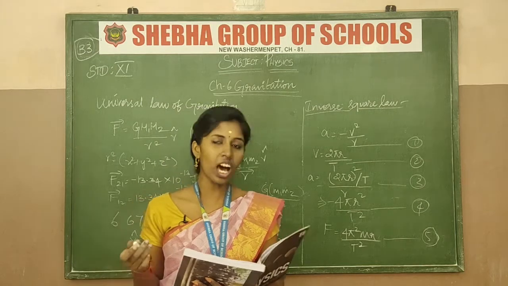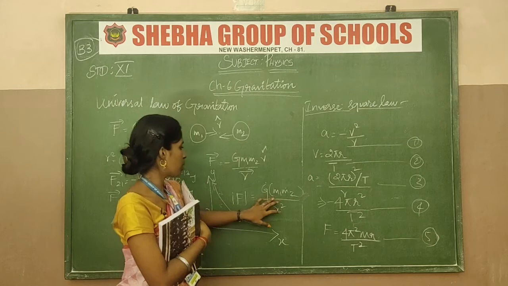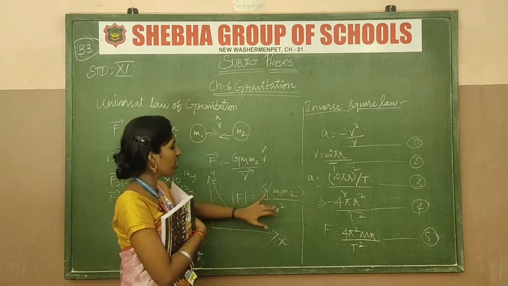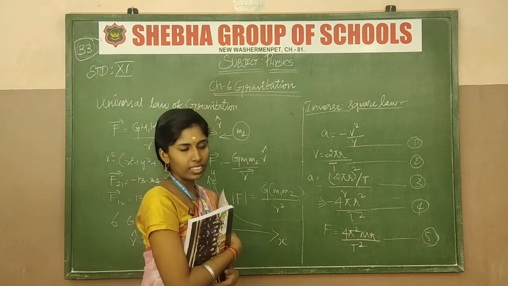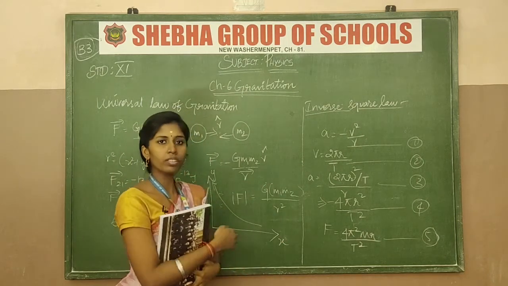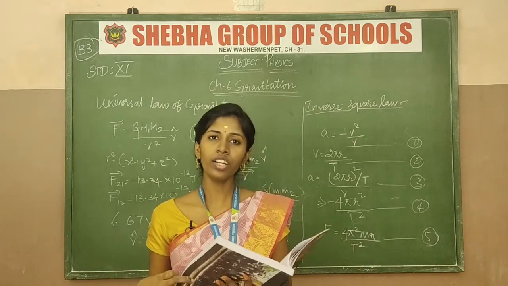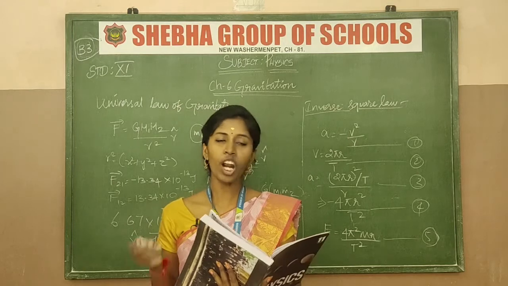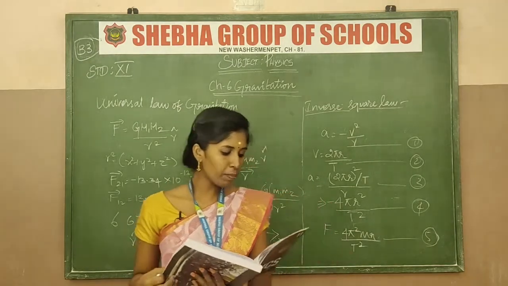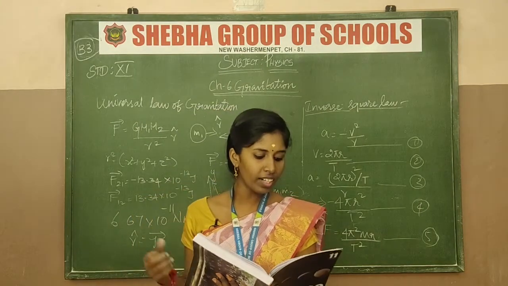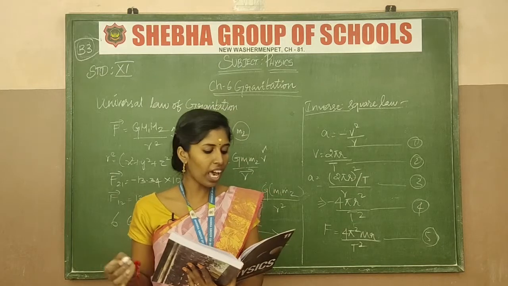So we take r vector, and in place of F we substitute its value. Wherever F appears, we substitute G m1 m2 divided by the distance square. So r is equal to r dot r cap, a dot product of two vectors, which is equal to 0. This implies the angular momentum L is a constant vector. So the angular momentum of the Earth about the Sun is constant throughout the motion.